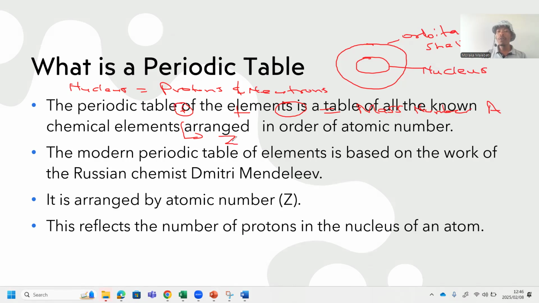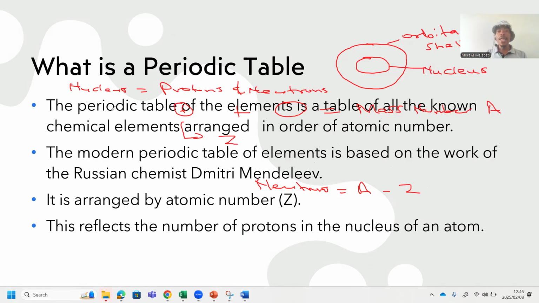When we want to calculate the number of neutrons, it will be A minus Z. So you take what's in the nucleus, the number of protons and neutrons, and you subtract the number of protons.